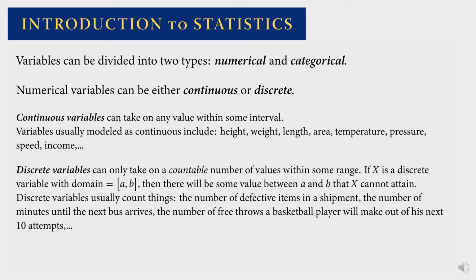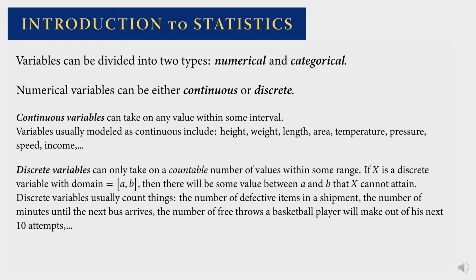A discrete variable can take on a countable number of values. Some elementary stat books say a finite number of outcomes because they don't want to get into what countability means. But the problem with that is that there are a lot of discrete distributions that have an infinite number of possible outcomes.